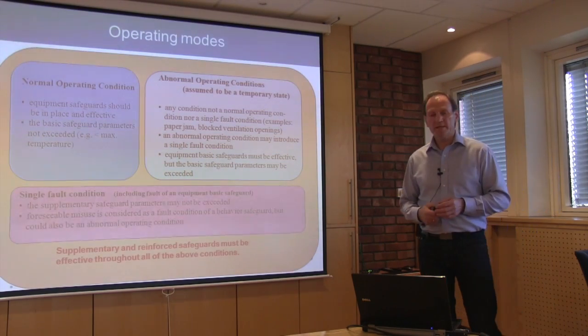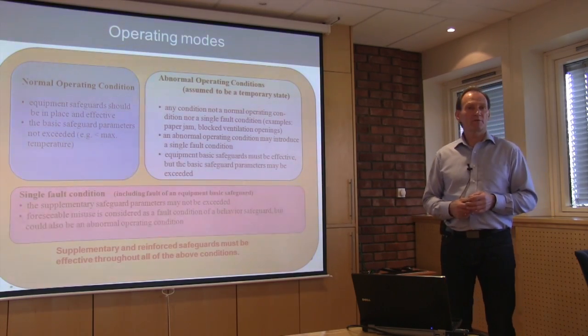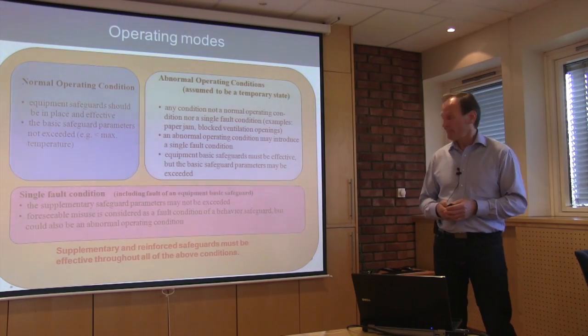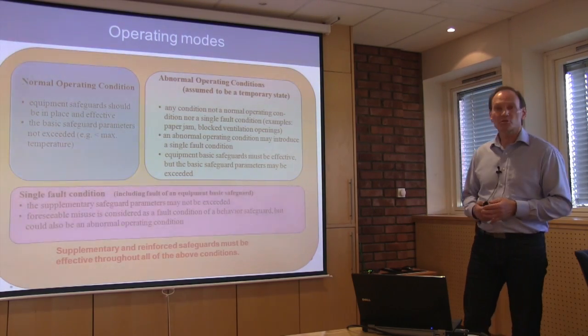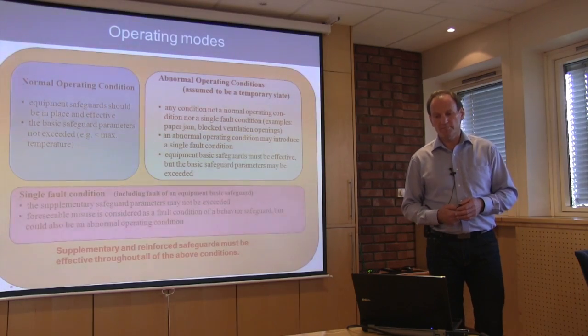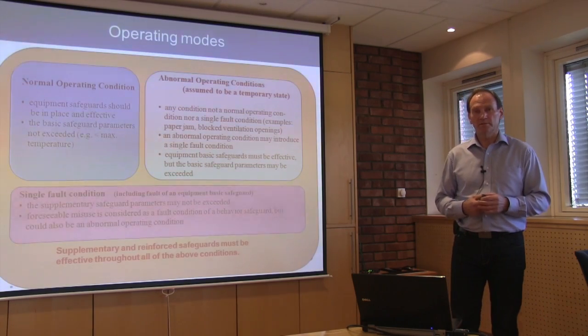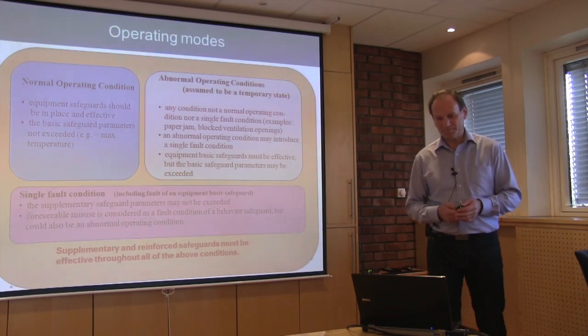Equipment safeguards should be in place and effective, and the basic safeguard parameters not exceeded, like temperature or whatever. Abnormal operation is assumed to be a temporary state. It is any condition that is not normal operating, for example a paper jam or blocked ventilation openings. We know what abnormal conditions could be, I think.